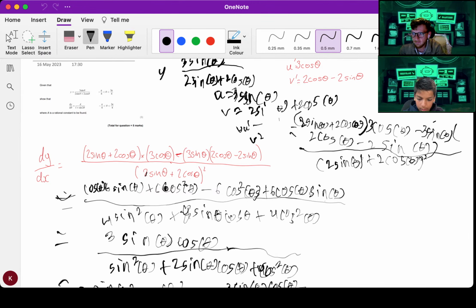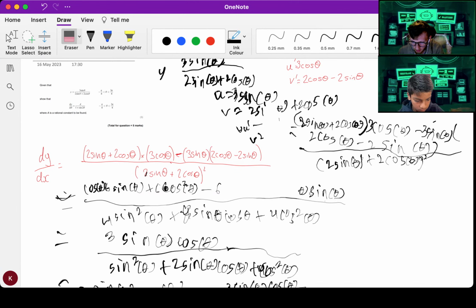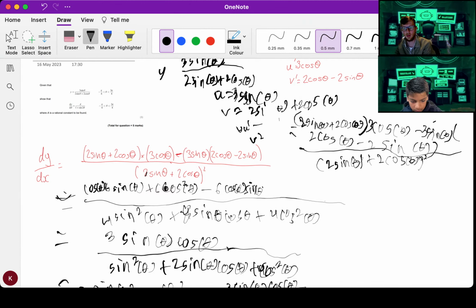And the reason I knew that we'd made a mistake is I was seeing that it wasn't cancelling down to a constant on the top. Because we've shown our working out well, I was able to track back to find out where, and because you wrote down what u is and I wrote down what u prime was, I could see the mistake quite quickly. So that shows the importance of showing your working out.